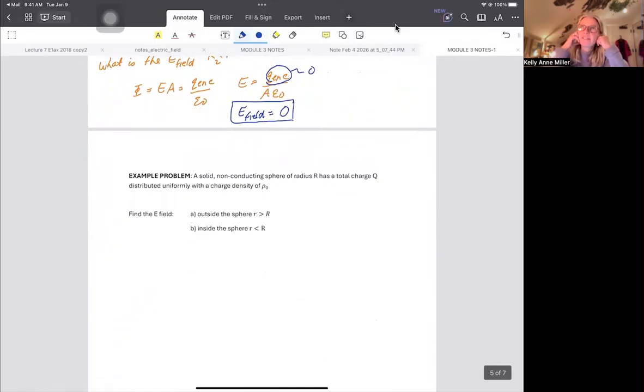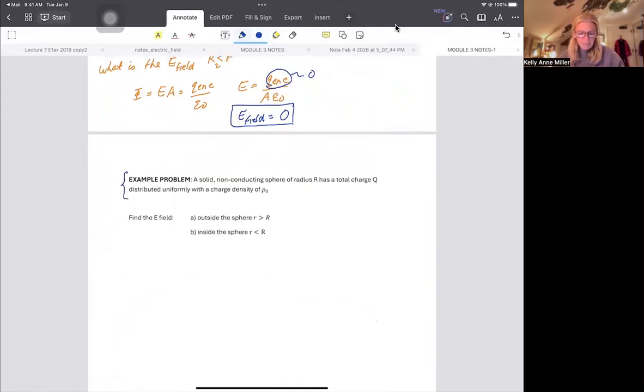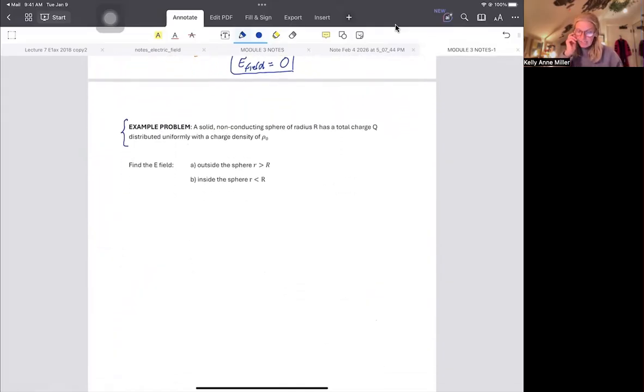The uniformly charged sphere is a little bit more complicated, because it's not just a shell, it's a sphere. Here's an example of a problem that you might encounter that falls into this category.